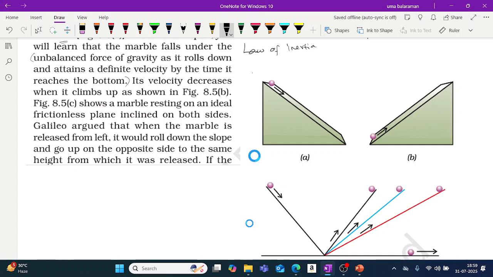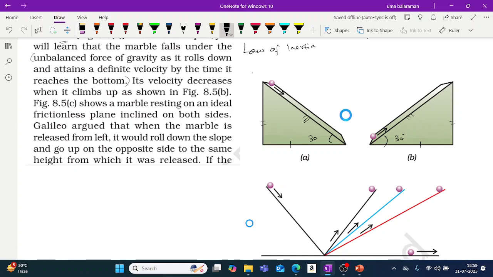He has taken two equally inclined planes. You can imagine it like a slide. Okay, this is 30 degrees, this is also 30 degrees. Both are similar. This is the same, this is the same.